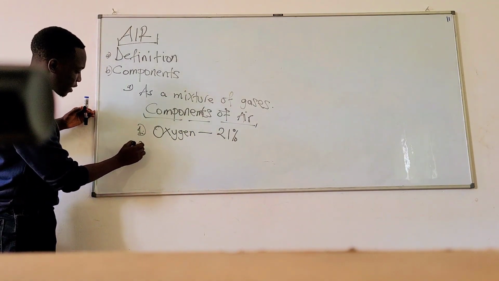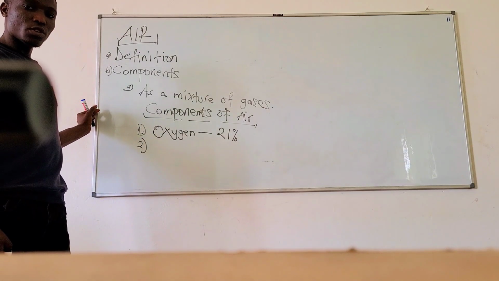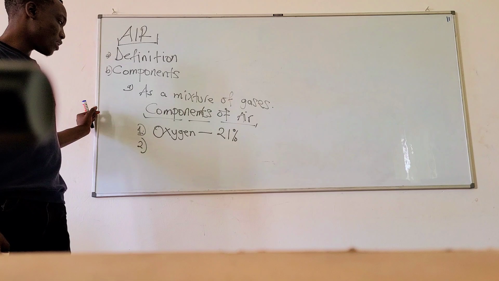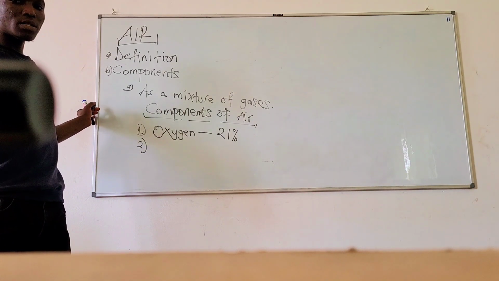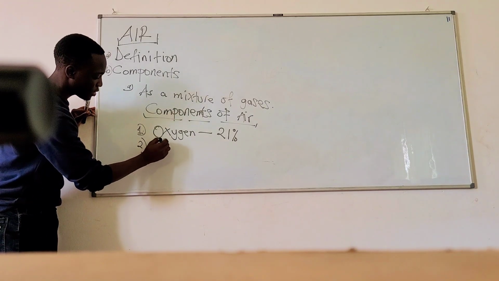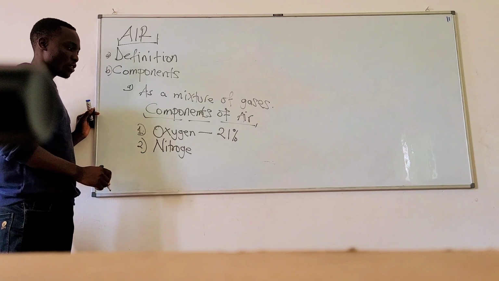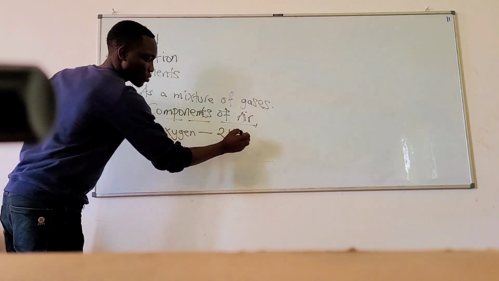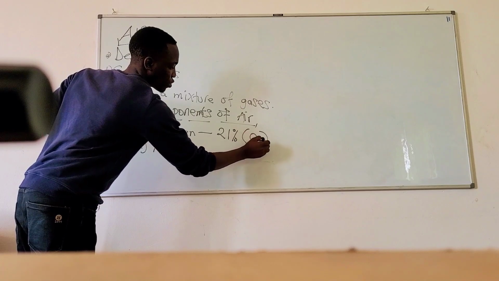Then we have the second component that we normally use in very many things, like in fertilizers, in making ammonia, in making some acids like nitric acid and so on. That component is called nitrogen. The formula for oxygen is simply O2.